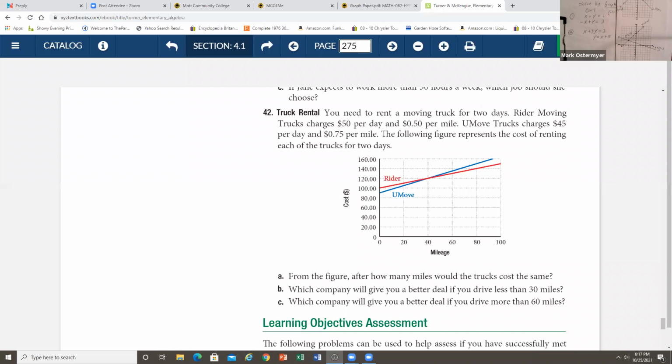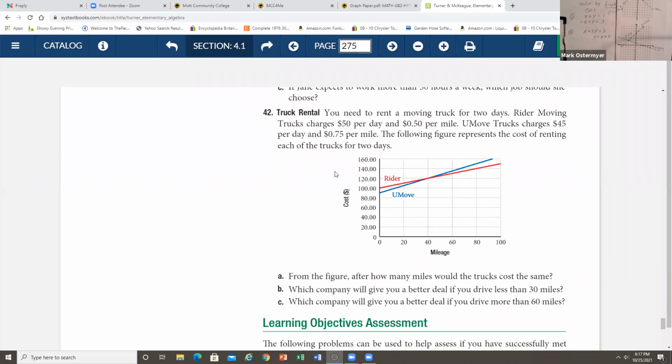But notice the Ryder rental charges you more up front, ladies and gentlemen, $50 per day, as opposed to the U-Move rental only charging you $45 per day. So there's goods and bads between both rentals. And the one we would choose would really, in large part, depend upon how many miles we plan on putting on the vehicle. Do you agree? That's what would dictate our decision.